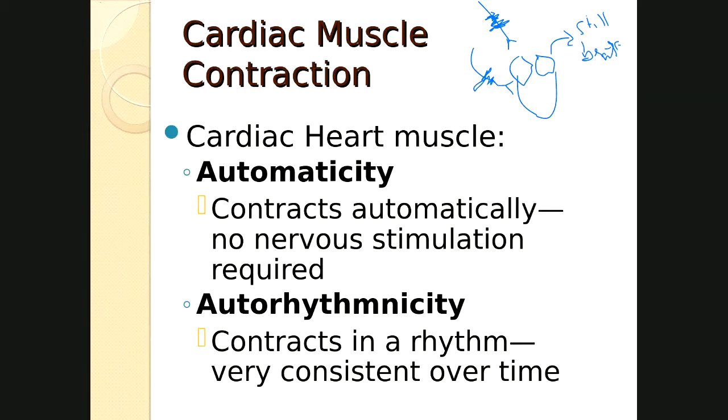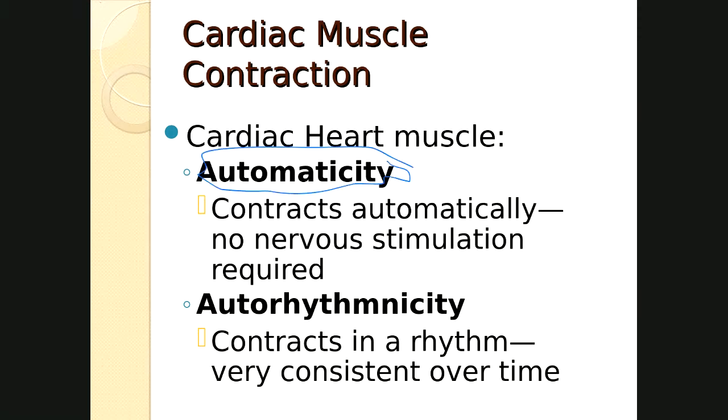And then another property that the heart has, not only is it automatic, but if I watch the beats, they're not irregular. They're very, very consistent over time. In other words, there's a built-in rhythm. So the heart is automatic and auto-rhythmic.